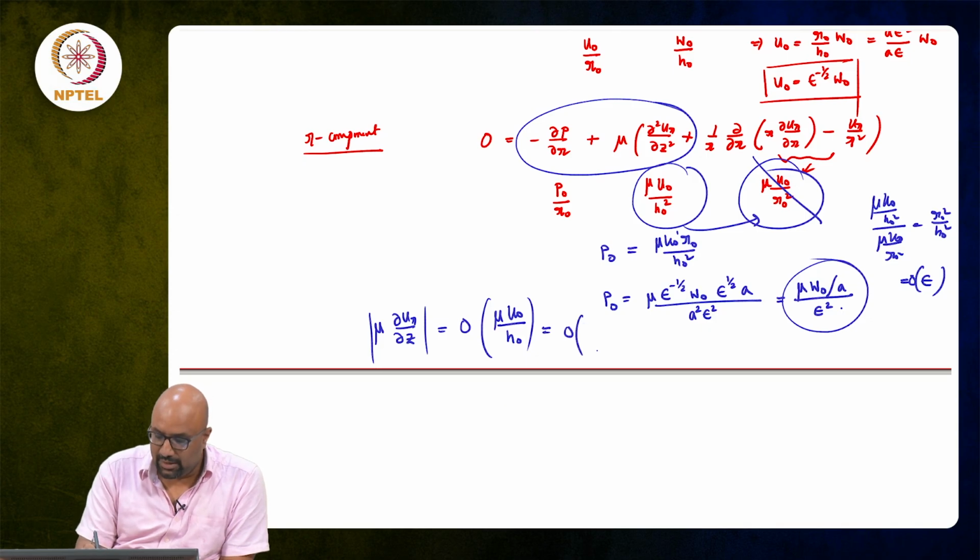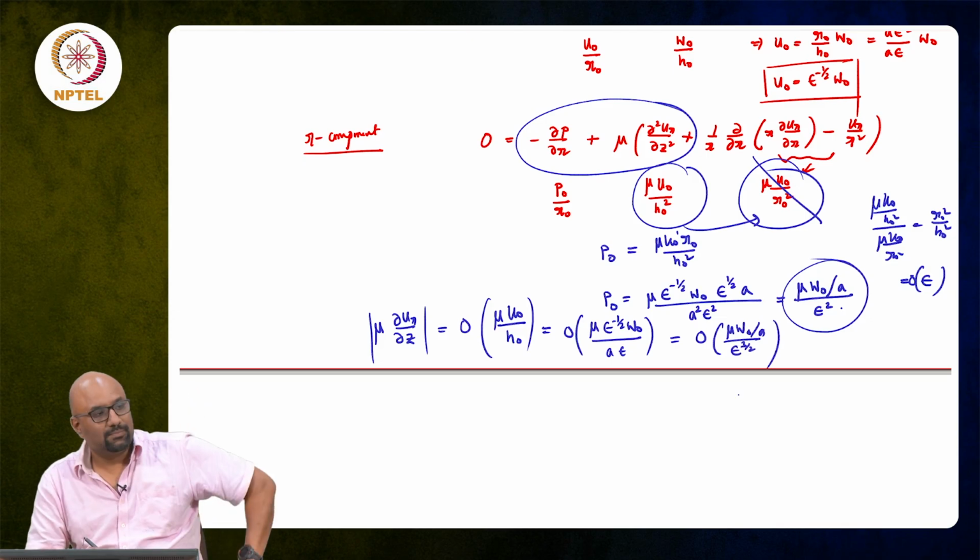If I write everything in terms of W naught, this becomes epsilon to the power minus half W naught, H is A epsilon. So, the viscous stress is mu W naught by A epsilon to the power 3/2.